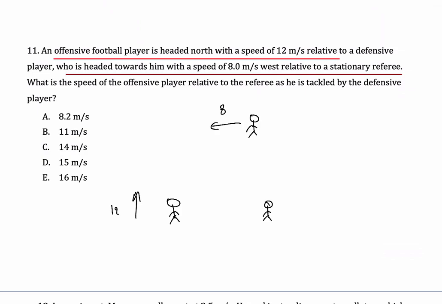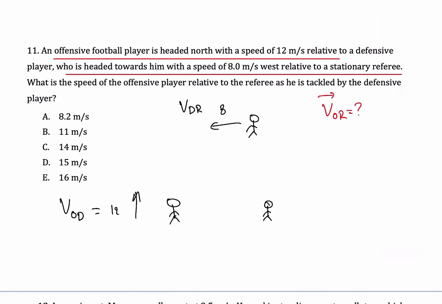Now we can say that the speed of the first player, I call it speed of offensive with respect to the defensive, is 12 up. Then the speed of the defensive player is with respect to the referee, so this is the speed of the defensive with respect to the referee, and what we need to calculate is the speed of the offensive with respect to the referee.